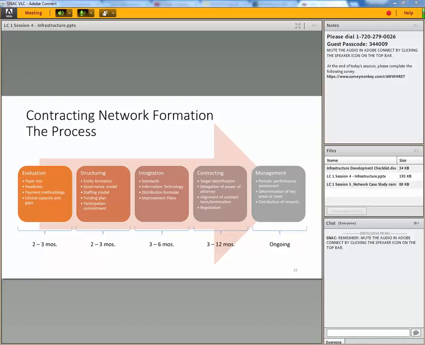But we've tried to block out and lay out for you what those phases are, how long they take, and how you go from not having any sort of network to essentially operating as a mature network.